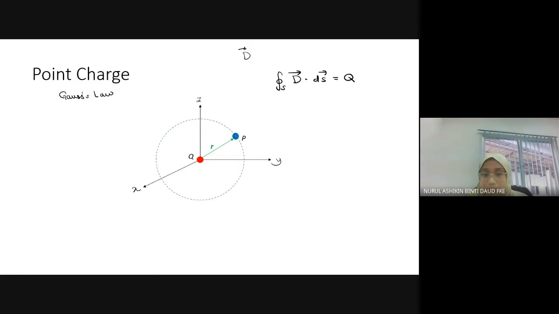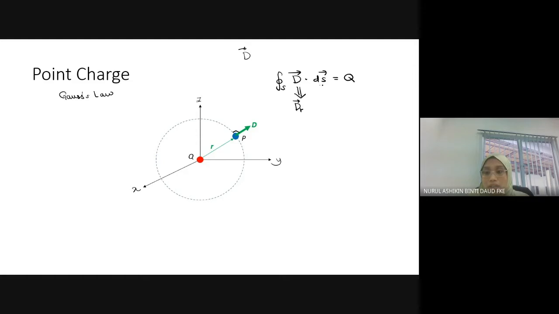So the direction of D is the same as the R direction here, so D is in the a_r direction.